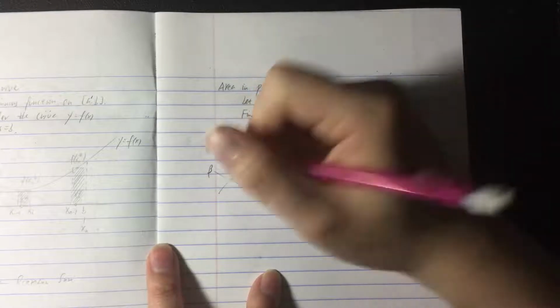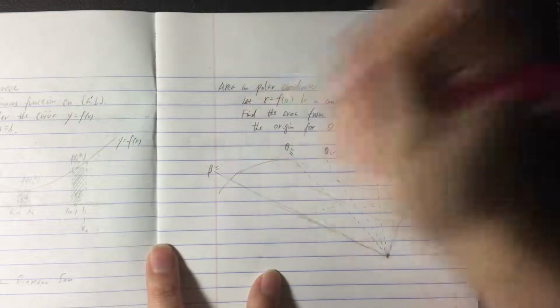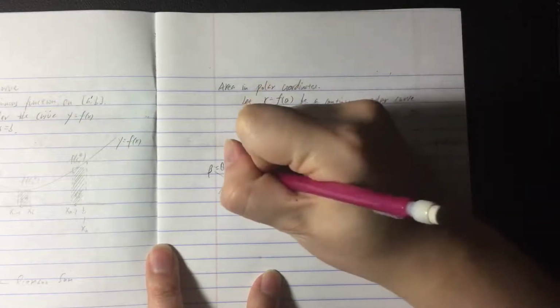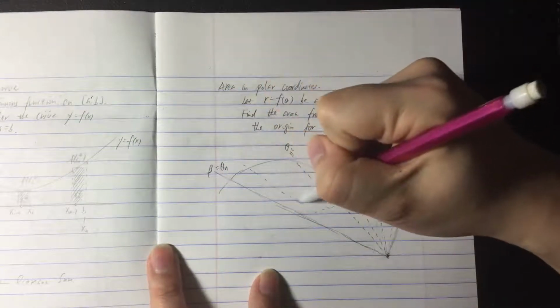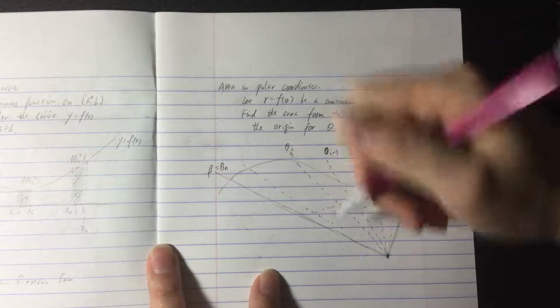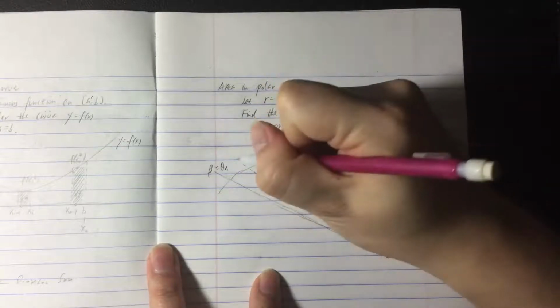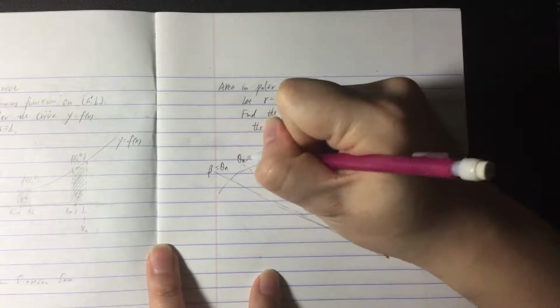The last one, beta, is theta n. The second last one is theta sub n minus 1.